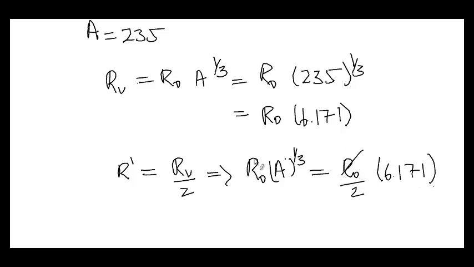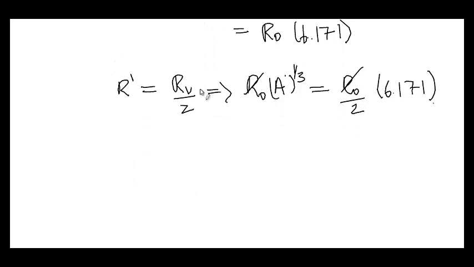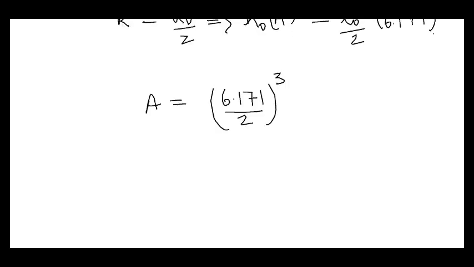So you can cancel out R naught on both sides. That is the reason I did not substitute for R naught in the previous steps. So you have A dash is equal to (6.171 by 2) the whole cube. This is about 29.37.